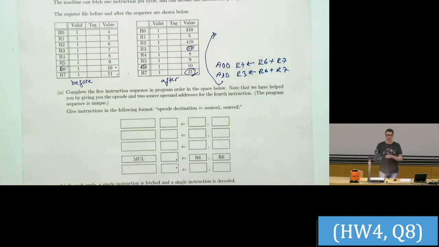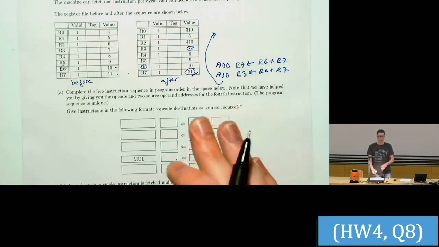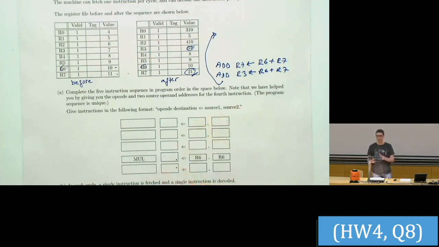Actually, when I was solving this question initially, I was just writing down those instructions, but I decided to figure out their order later based on some other information. Okay, so here what I'm doing is only writing down instructions that I can figure out by looking at this table. But it happens that all those instructions have dependency between them, so it's very easy to figure out the order.